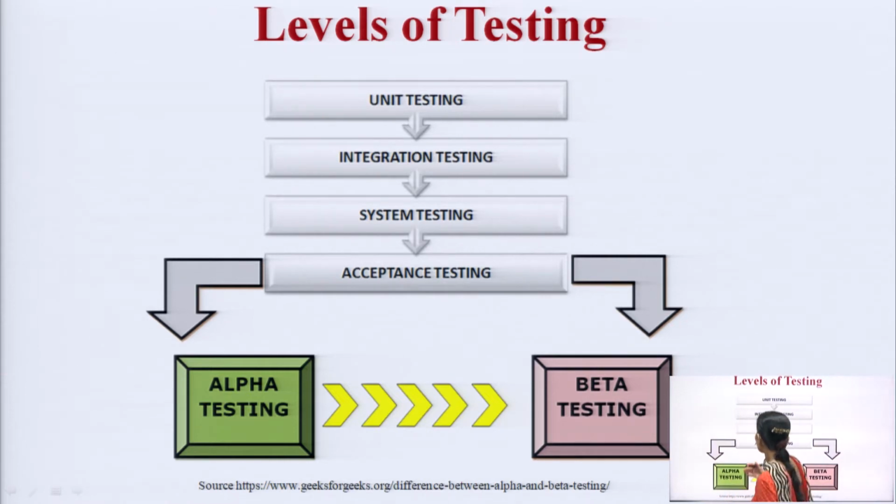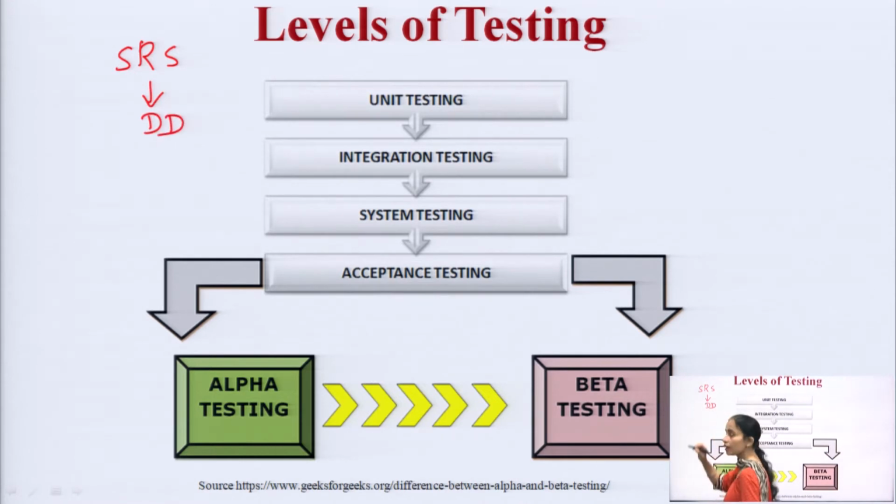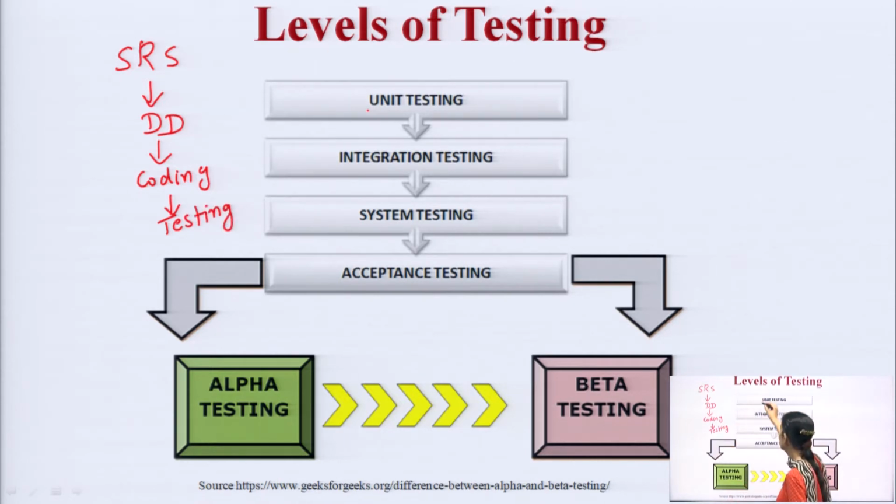As we know, in the SDLC, we start with making the SRS document, then we move on to the design phase and we make the detailed design. Then we move on to the coding part and then we do the testing. When we are doing the coding, we start with unit testing.